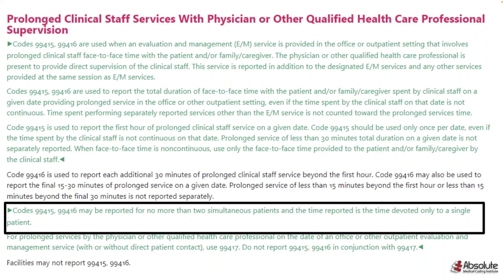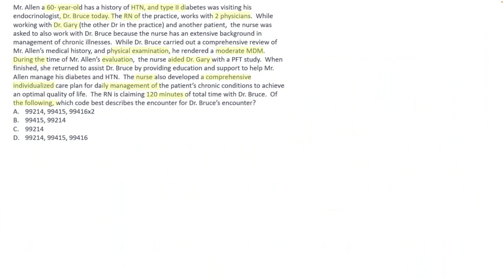All right, that's fair enough. So the guidelines say she can work with both doctors, but she must only report the time for that one patient. And this RN is claiming 120 minutes of total time with Dr. Bruce. So I think that's fair.